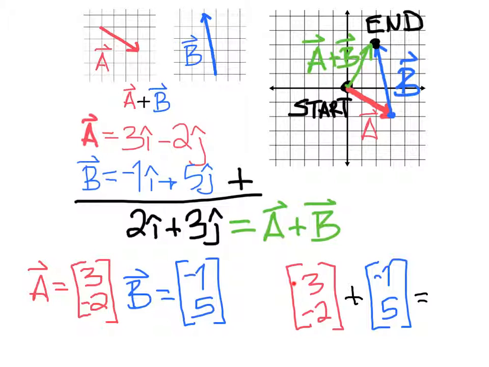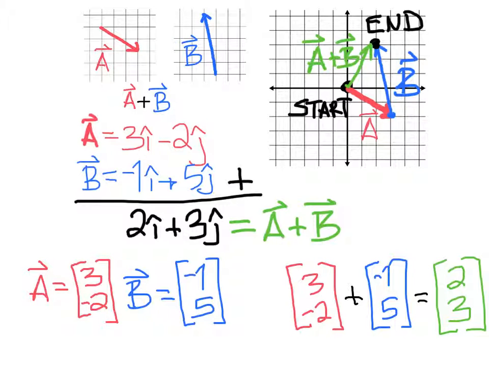So we'll be adding this 3 and this negative 1 together to get our new x component of our resultant vector, which is 2, the same as it was when we found it the graphical way, and the same as it was when we found it adding the vectors with the i hats and j hats. And for the y component, we add the negative 2 and the 5 again to get positive 3.